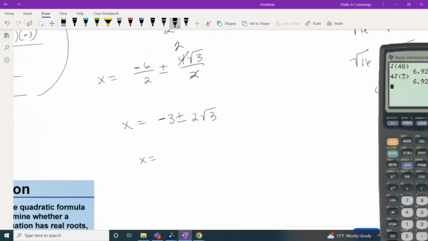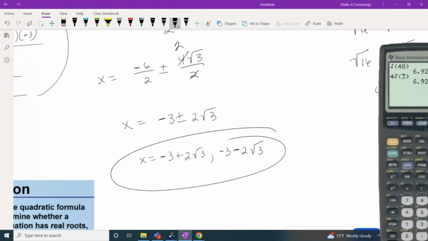X is going to equal negative 3 plus 2 square root of 3 and negative 3 minus 2 times the square root of 3. So those are the two solutions. Now in this section, regardless of what the problem says, I would only really prefer to use the factor method and the quadratic formula. Any questions about that?